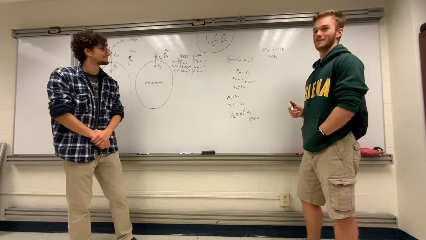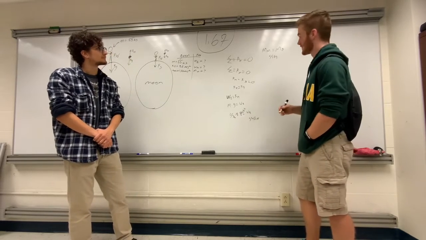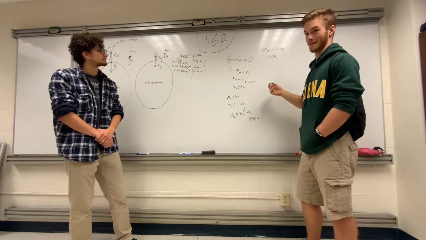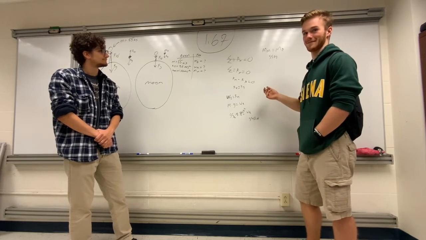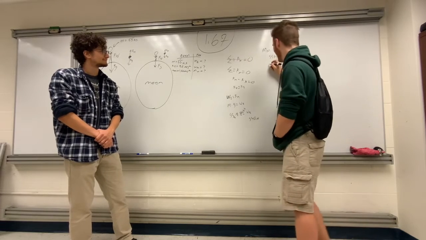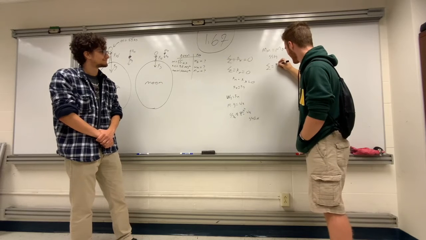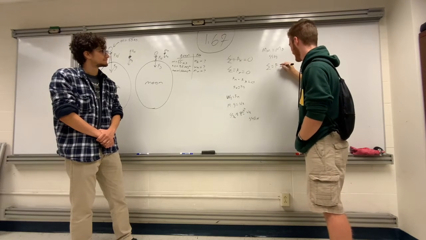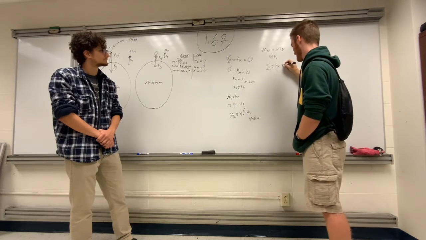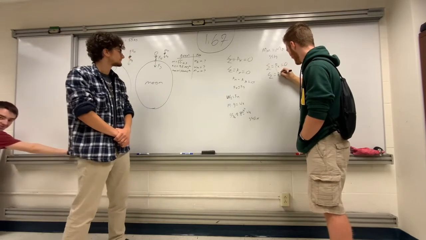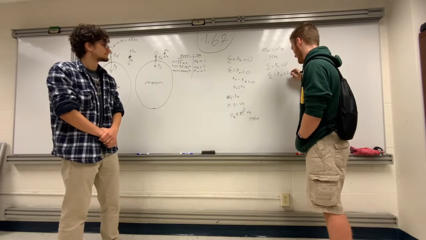For finding the weight on the Moon, we will find the sums of the forces again. Sum of forces in the X is 0. Sum of forces in the Y is 0 again.